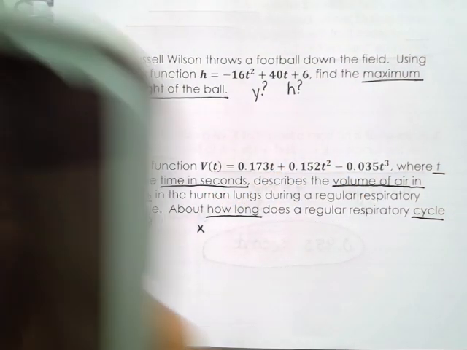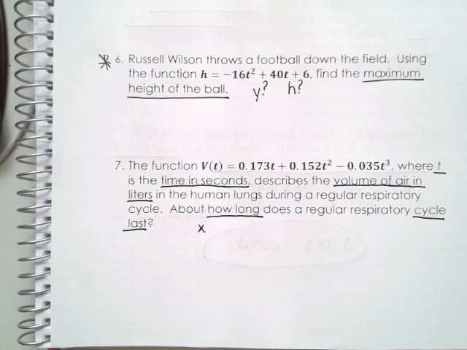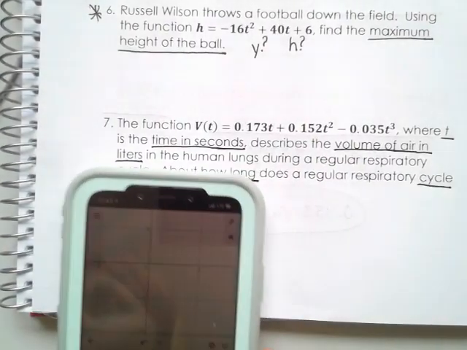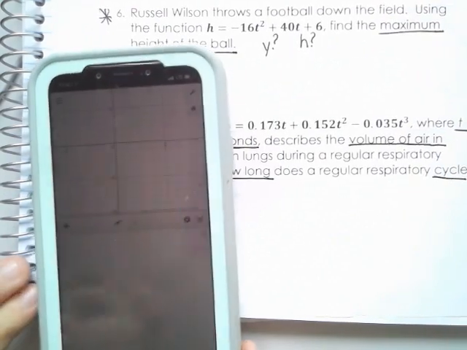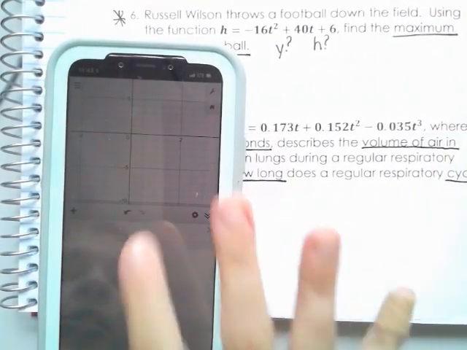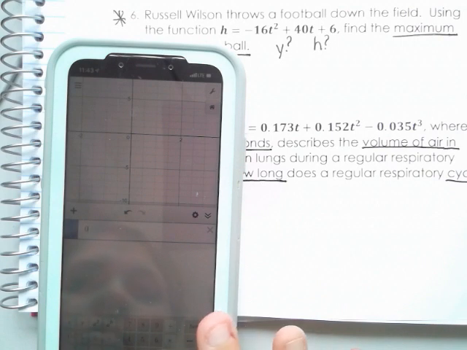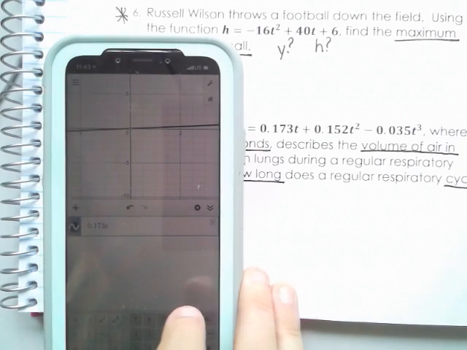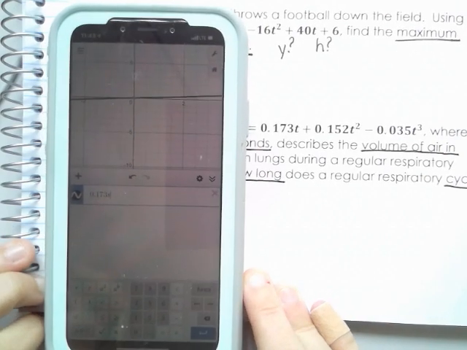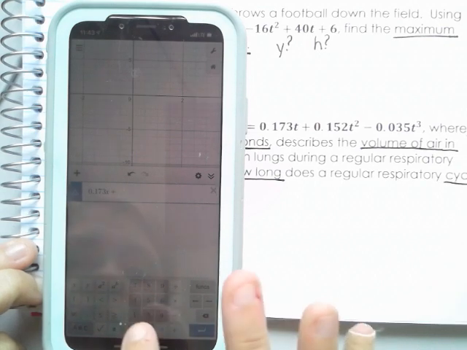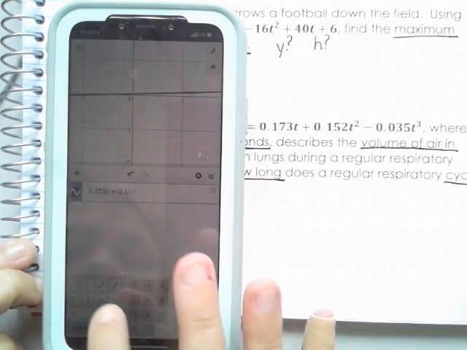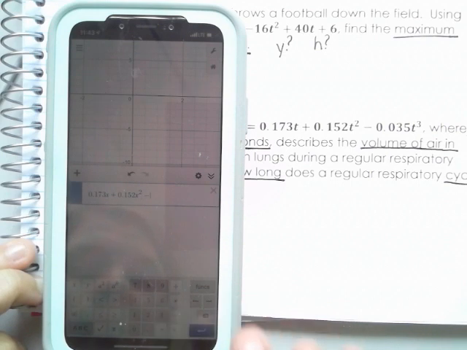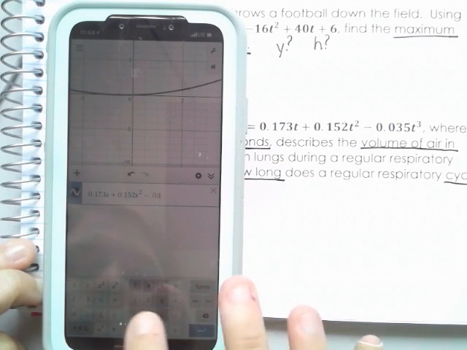I'm going to go ahead and take my phone. And I'm going to go ahead and start by typing in that equation. So I have 0.173x plus 0.152x squared minus 0.035x cubed.